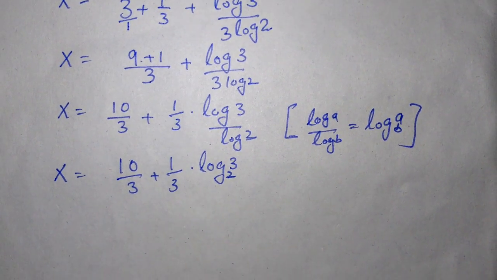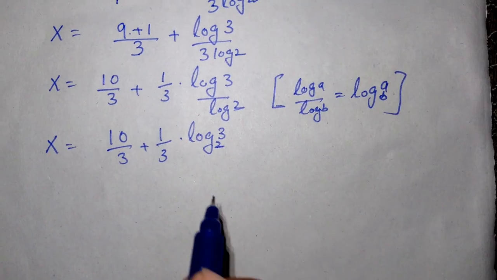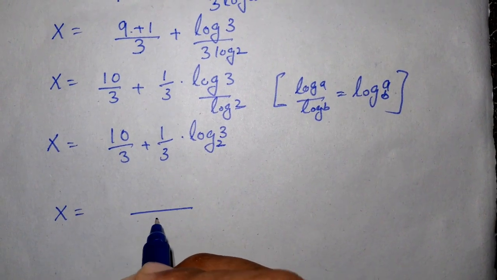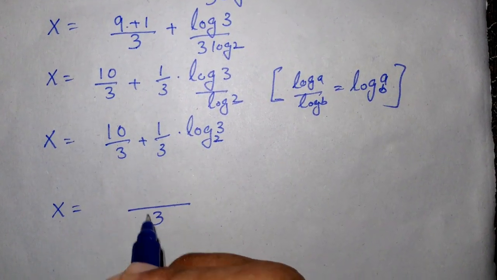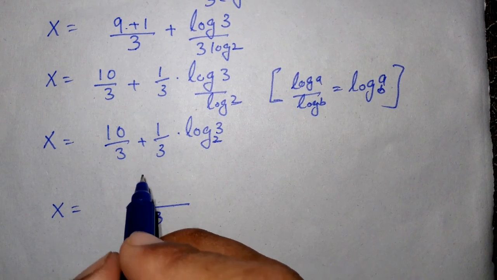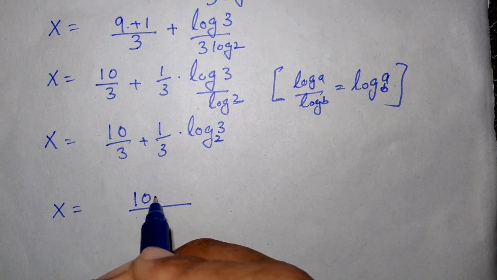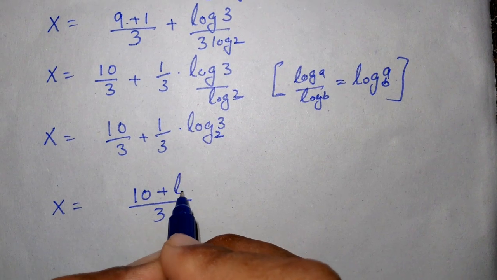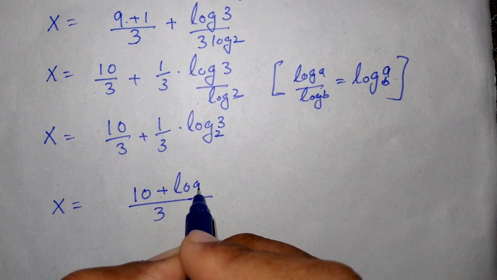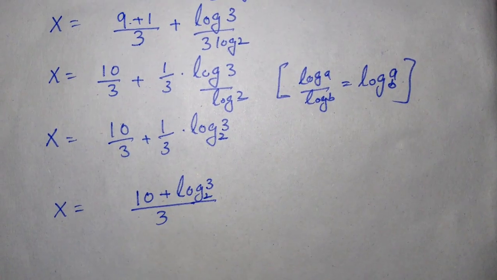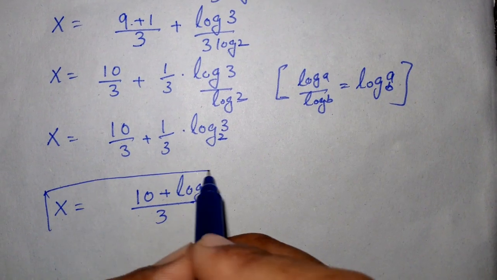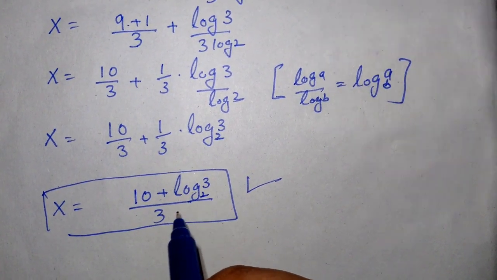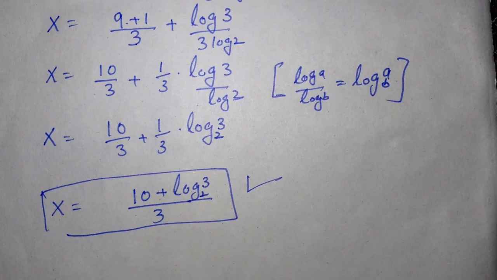Now we have to add these numbers, so x is equal to, taking 3 as the LCM, 3 divided by 3 is equal to 1, 1 times 10 is equal to 10, plus 3 divided by 3 is equal to 1, 1 times this number is equal to log of 3 to the base 2. And this is the final answer and the value of x. 10 plus log of 3 to the base 2 divided by 3, this is the final value of x.